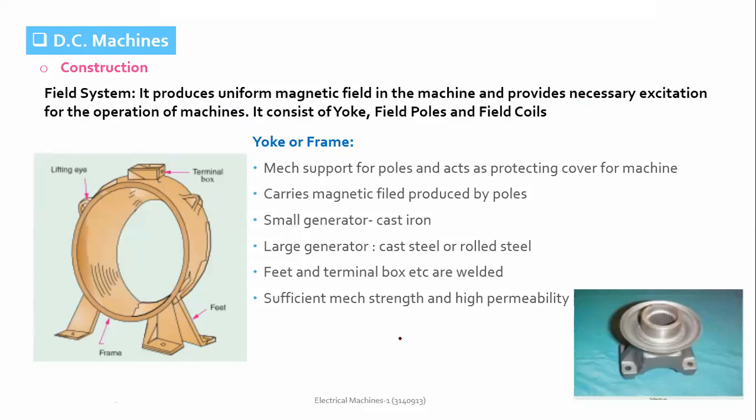Why do we require a magnetic field? Because to induce an EMF, we know that we require three things. One is the magnetic field. Second, we require a conductor, and third, we require relative motion.